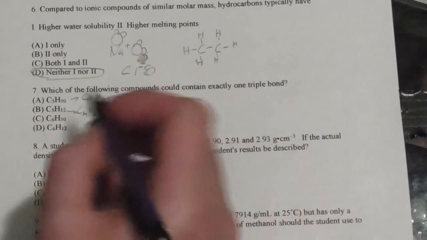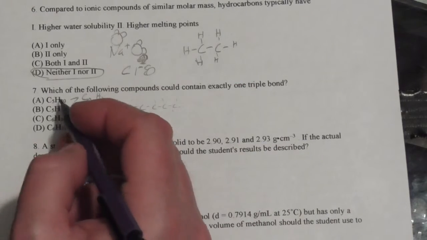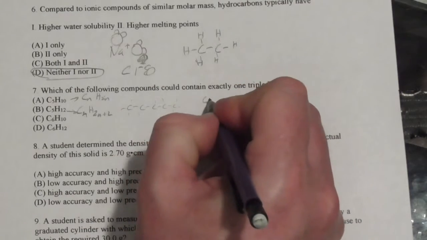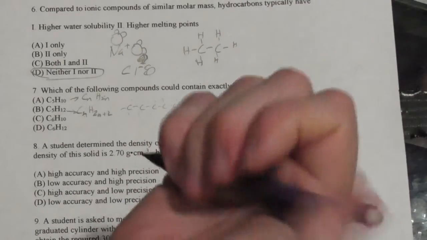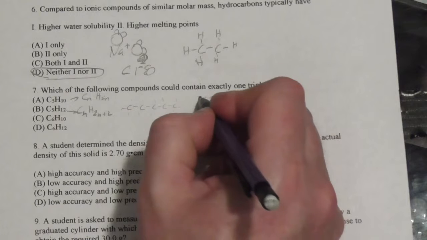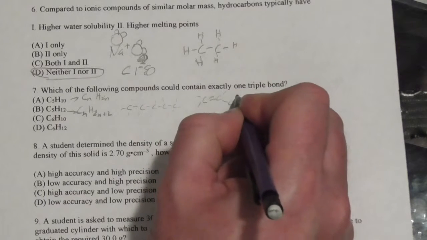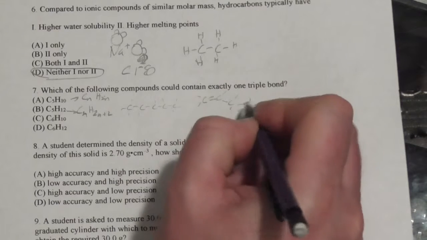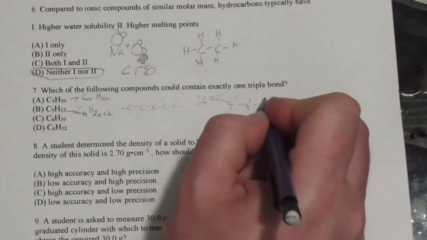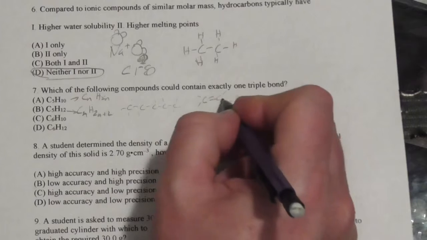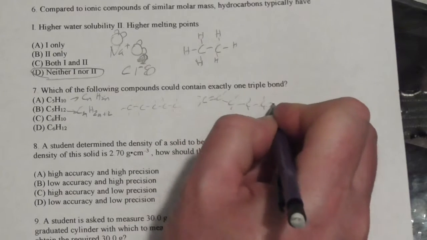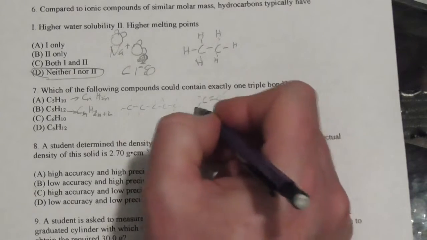CnH2n. This would probably be something with a double bond. So we'd have C, and then a C, and then C5. So C5, 1, 2, 3, 4, 5, H 1, 2, 3, 4, 5, 6, 7, 8, 9, 10.